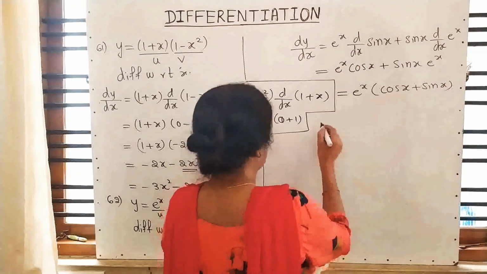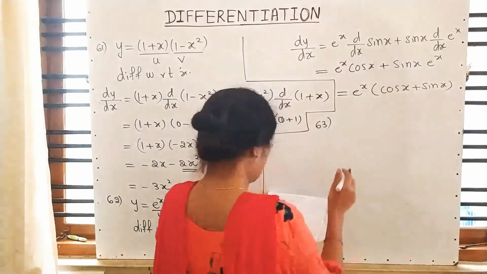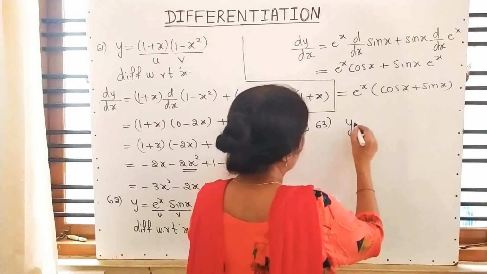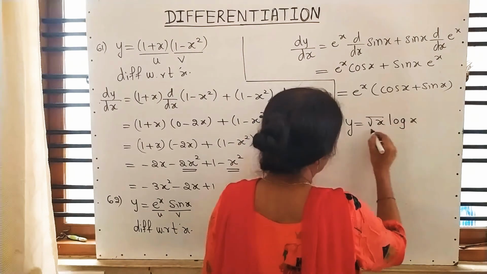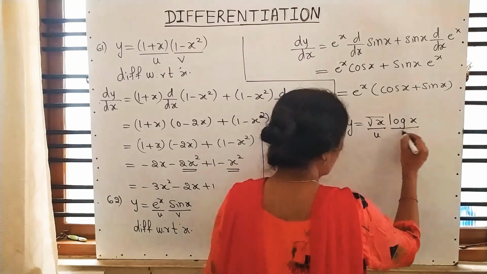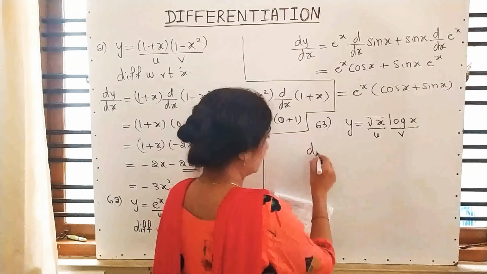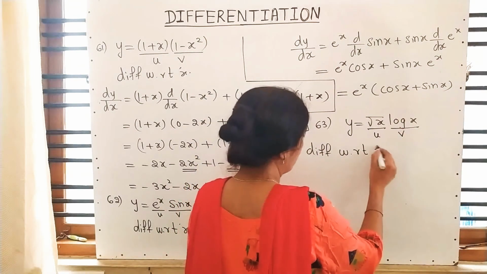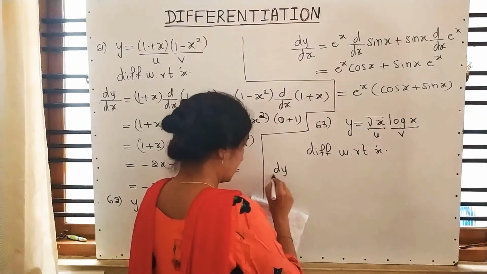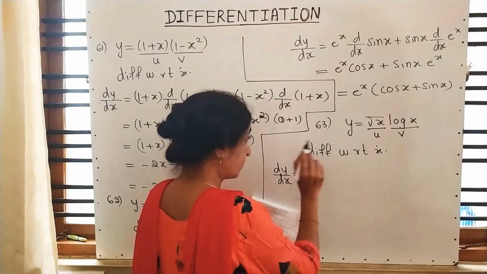Next, question number 63. y is equal to root x into log x. See, again this is u and this is v. Differentiating with respect to x. dy upon dx. First basic formula.